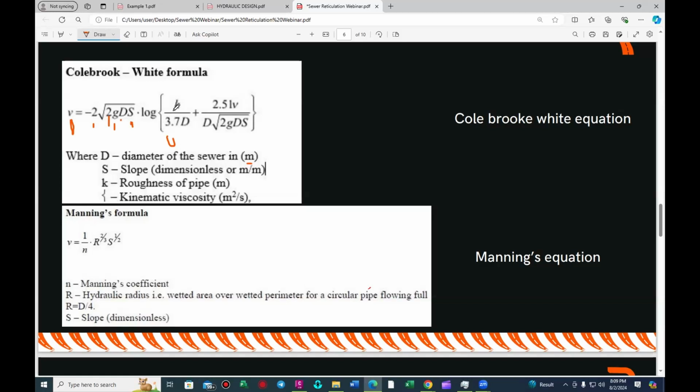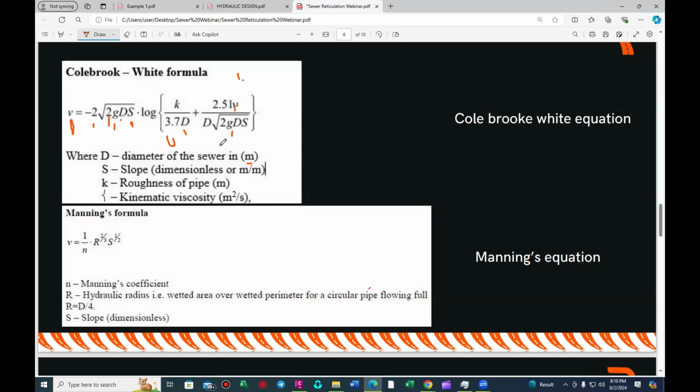Then k, that's the roughness of the pipe. If you're using Colebrook-White, you are given the roughness of the pipe that you're supposed to use, right? Then we come to your D, that's our diameter. Then we come to that ν that you see, that's called the kinematic viscosity. That value is also given there. It usually ranges from 1.2 to 1.4 times 10 to the power of minus 6.